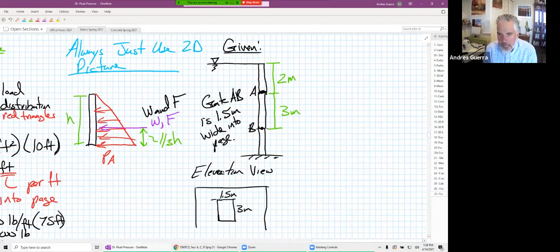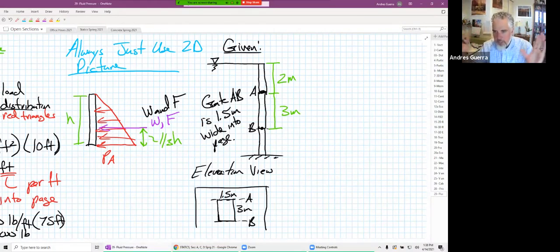And so point A is up here and point B is down here. So we're looking straight on at the wall, the elevation of the wall. It would be 1.5 meters left to right and 3 meters up and down.